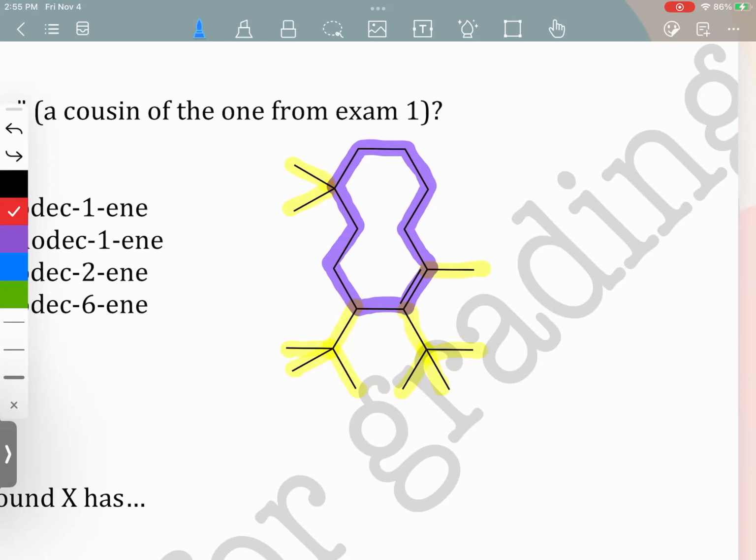The double bond will hold higher priority for where you would start numbering the carbons. So carbon number 1 would actually fall right here. And then it's 2, 3, 4, 5, 6, 7, 8, 9, 10. That is how you'll number the carbon.